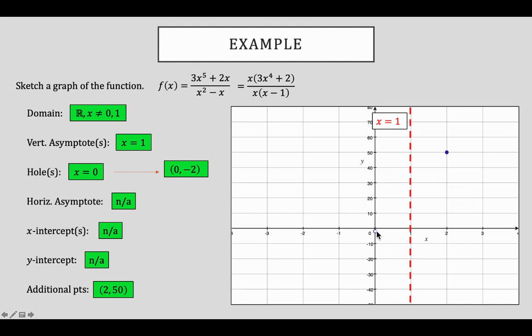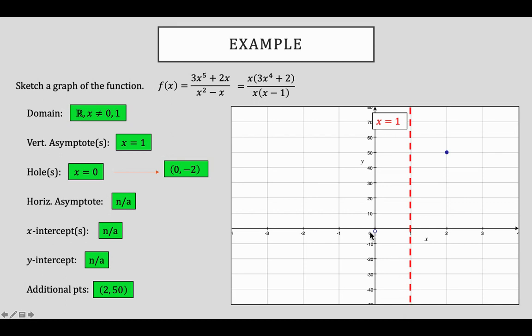Because I am already below the x-axis, the graph must go down to negative infinity as we approach this vertical asymptote. It can't go up because that, again, would require it to cross the x-axis and require an x-intercept, which there isn't one. So again, as I move to the right of this hole, the graph must go down to negative infinity.